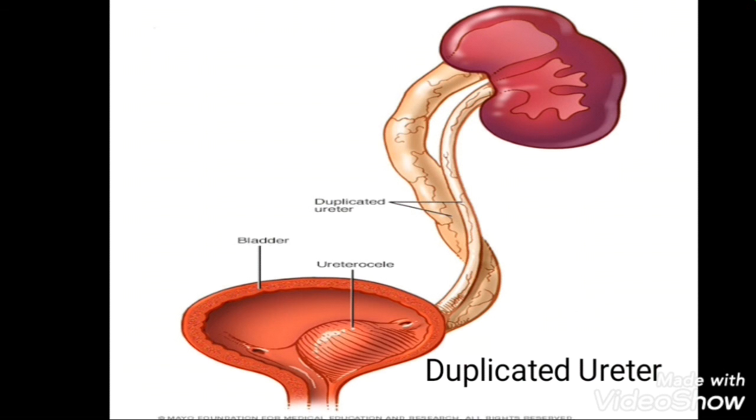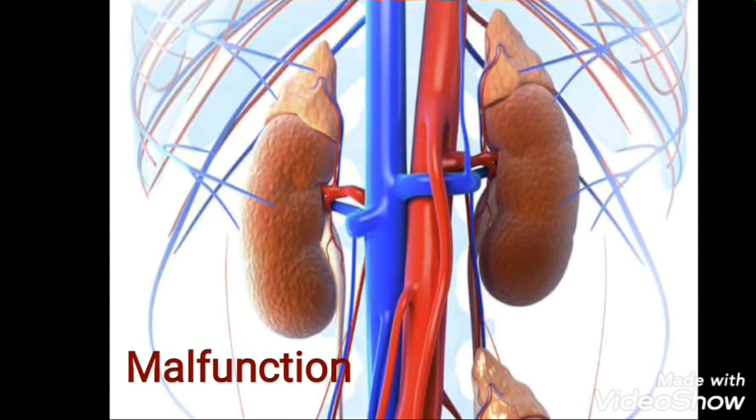A duplicated ureter may be seen in some human beings, which becomes usual. It is not at all a disease. The malfunction of kidneys leads to unhealthy kidneys.